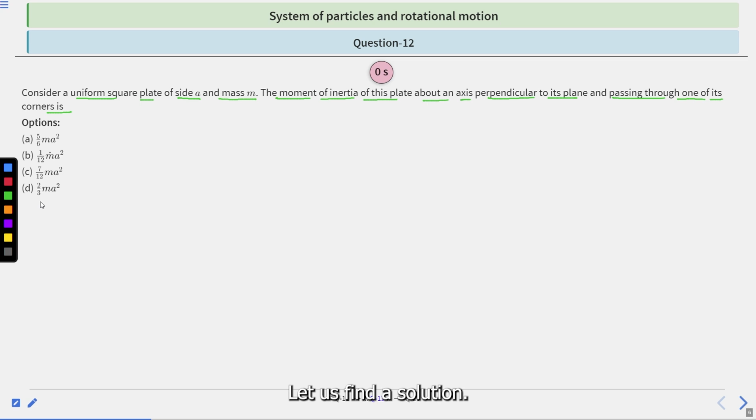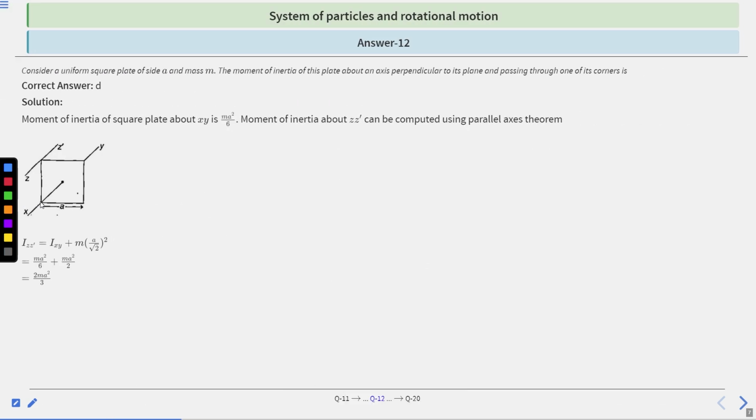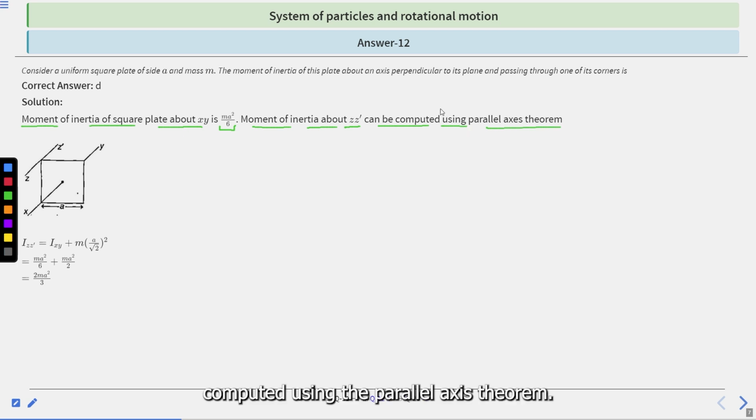Let's find a solution. The moment of inertia of the square plate about the axis through its center perpendicular to the plane is ma square divided by 6. Clear? The moment of inertia about z prime can be computed using the parallel axis theorem.